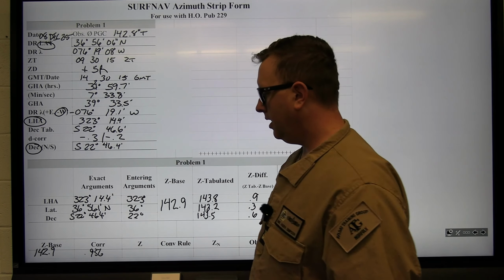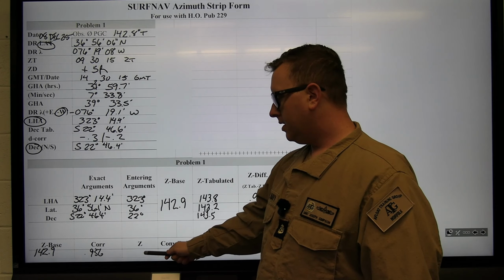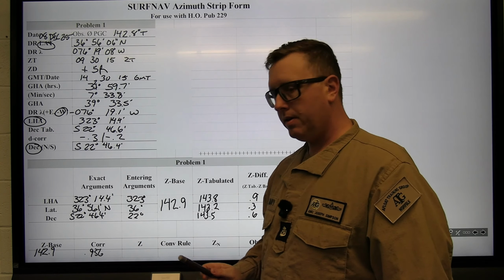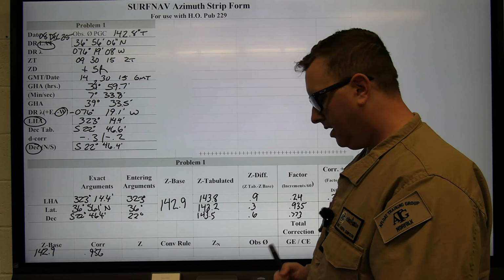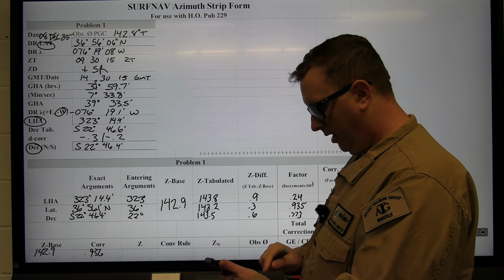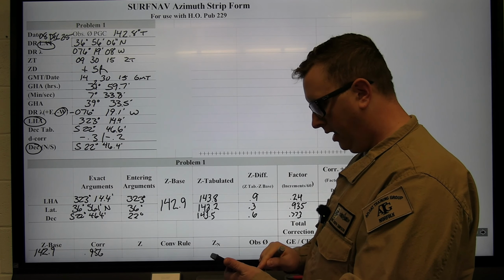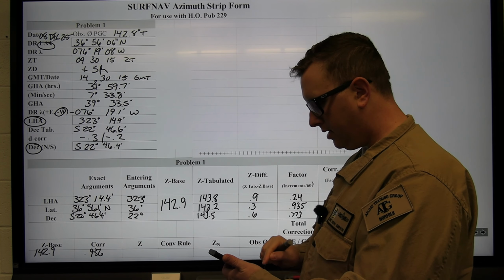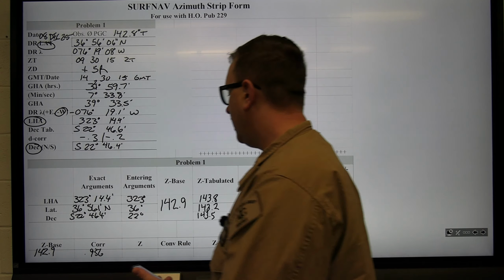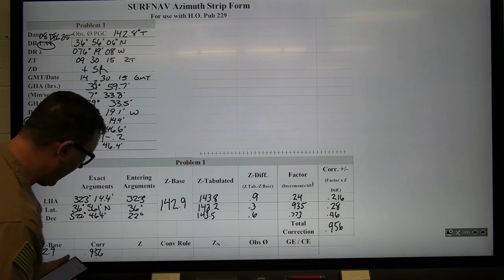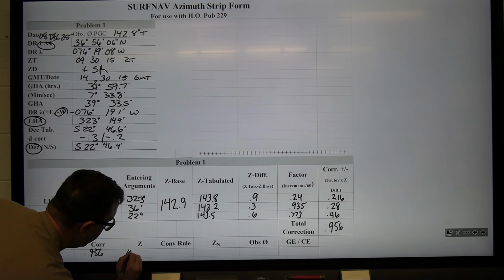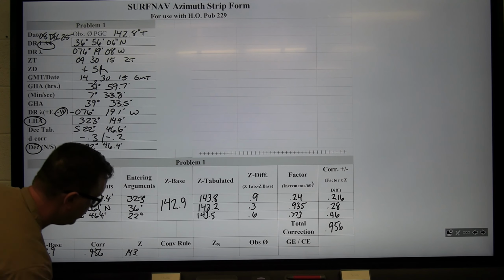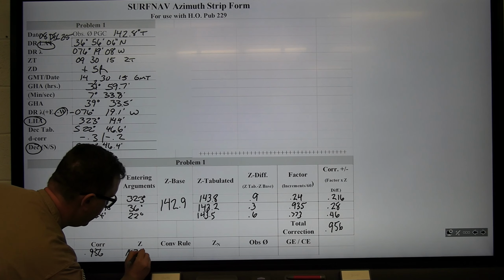All right. Z is basically adding these two together. You can use your calculator because you have it. 142.9 plus 0.956. Now, this is where I would round. 143.8.